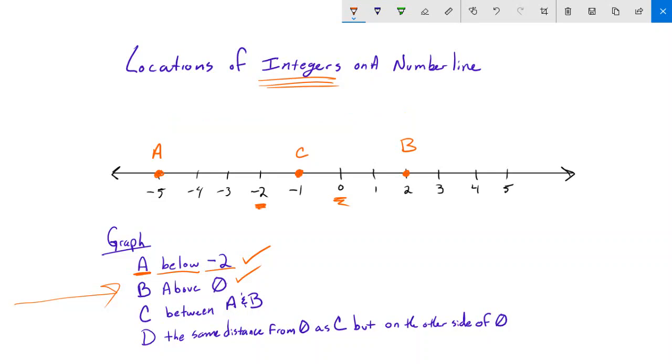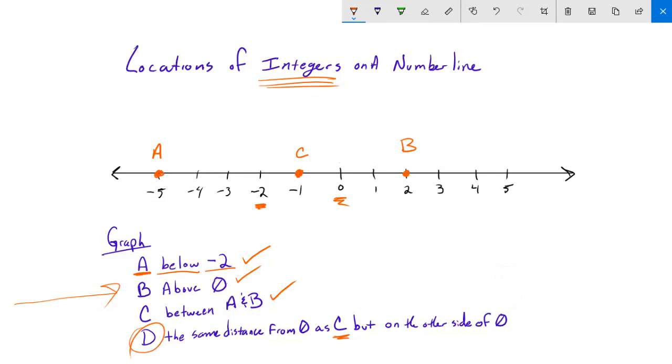Okay, get rid of these. And now for the last one. It says graph D the same distance from 0 as C, but on the other side of 0. So I'm going to plot letter D somewhere that is the same distance from 0 as C, but on the other side of 0.